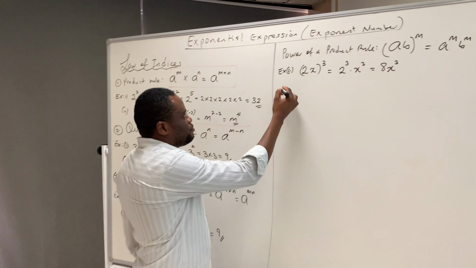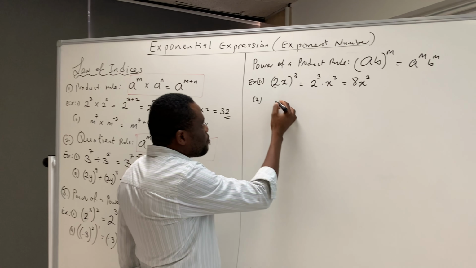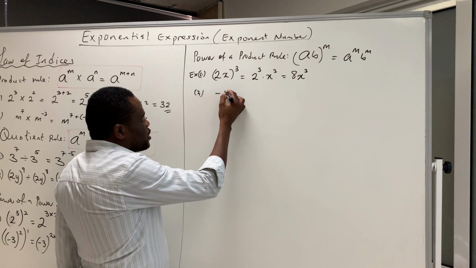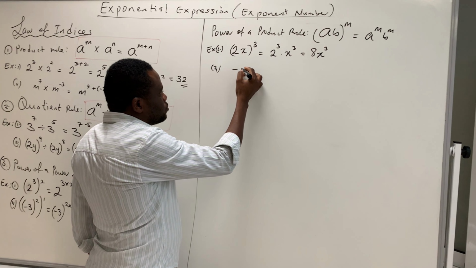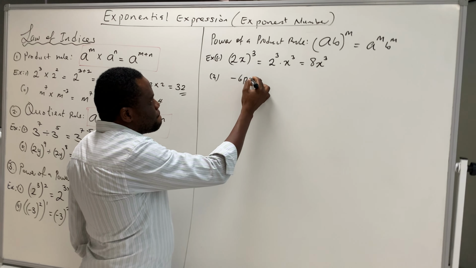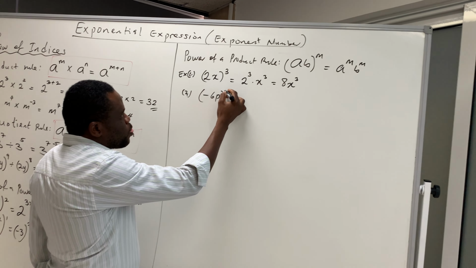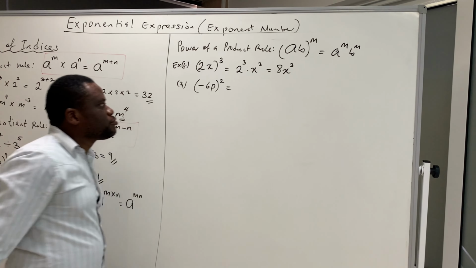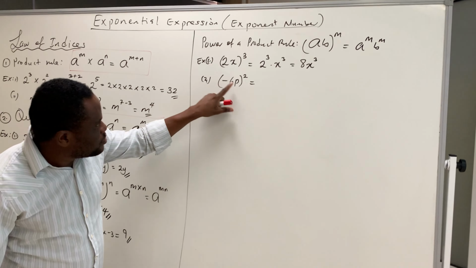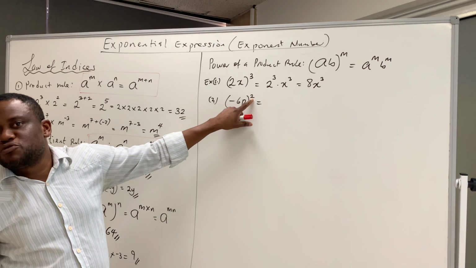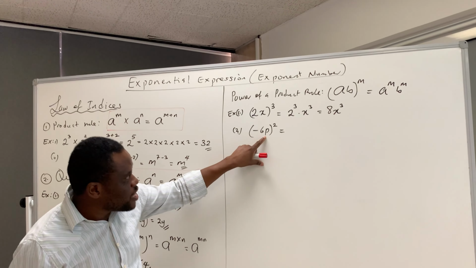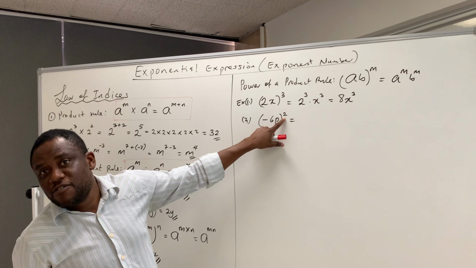Let's have another example. Minus 6p, all to the power of 2. Be careful here. This minus shares the power 2, this 6 shares it, and this p also shares it.